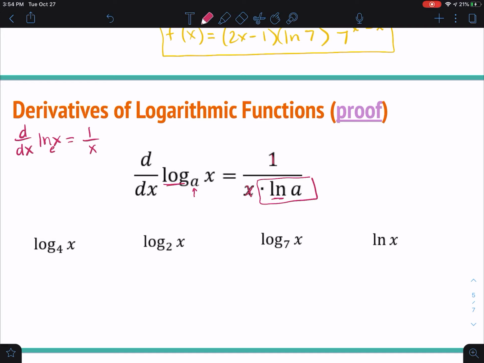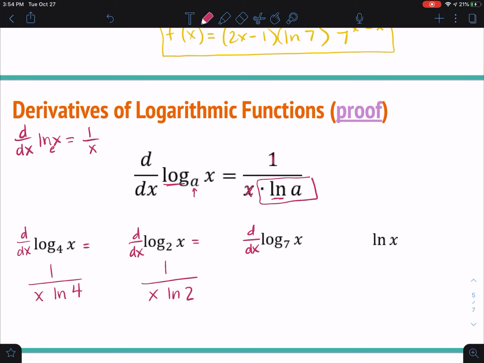So if I have log base 4 of x, then my derivative is going to be 1 over x ln of 4. The derivative of this one is going to be 1 over x ln of 2.